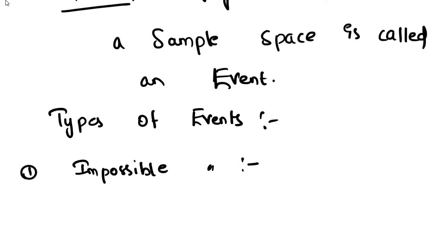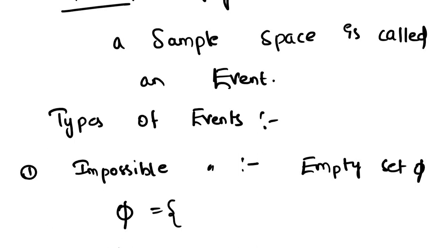The empty set phi and the sample space S describe an event. In fact, this phi is called the impossible event. So there is no matching between the sample space and this impossible event.